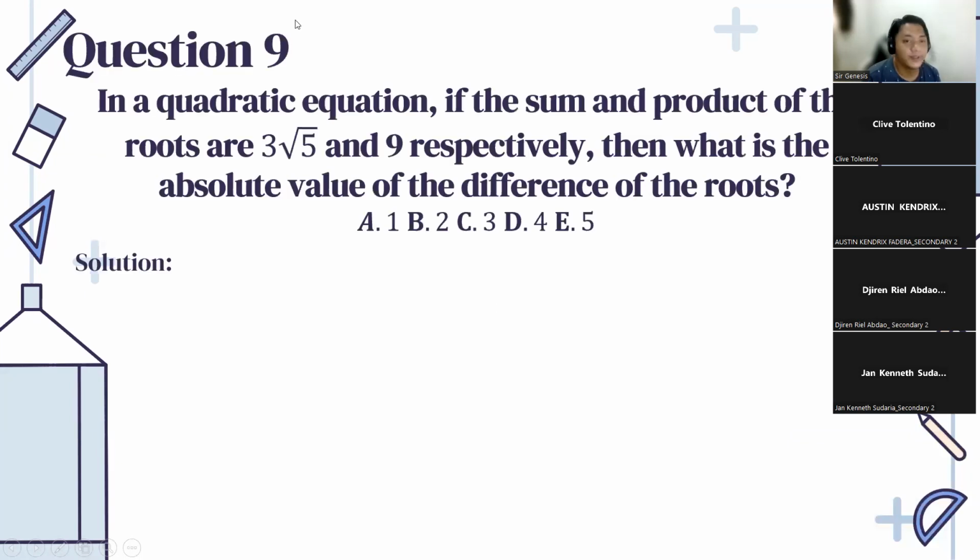Number 9. In a quadratic equation, if the sum and product of the roots are 3 square root of 5 and 9 respectively, then what is the absolute value of the difference of the roots? Okay, so what we just do here is try to express the question into algebraic expressions or equations.